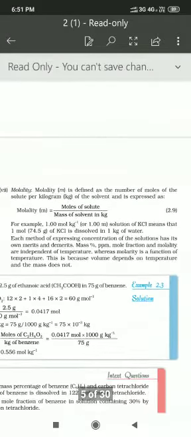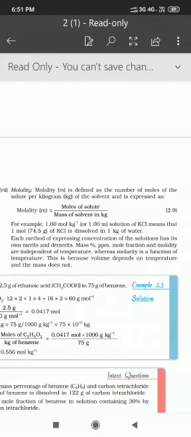Another very similar measuring unit is molality, and molality is the moles of the solute divided by the mass of the solvent in kg. That is, the number of moles of the solute present in 1000 grams of the solvent. That is the difference between molarity and molality. Molality is expressed as small m.